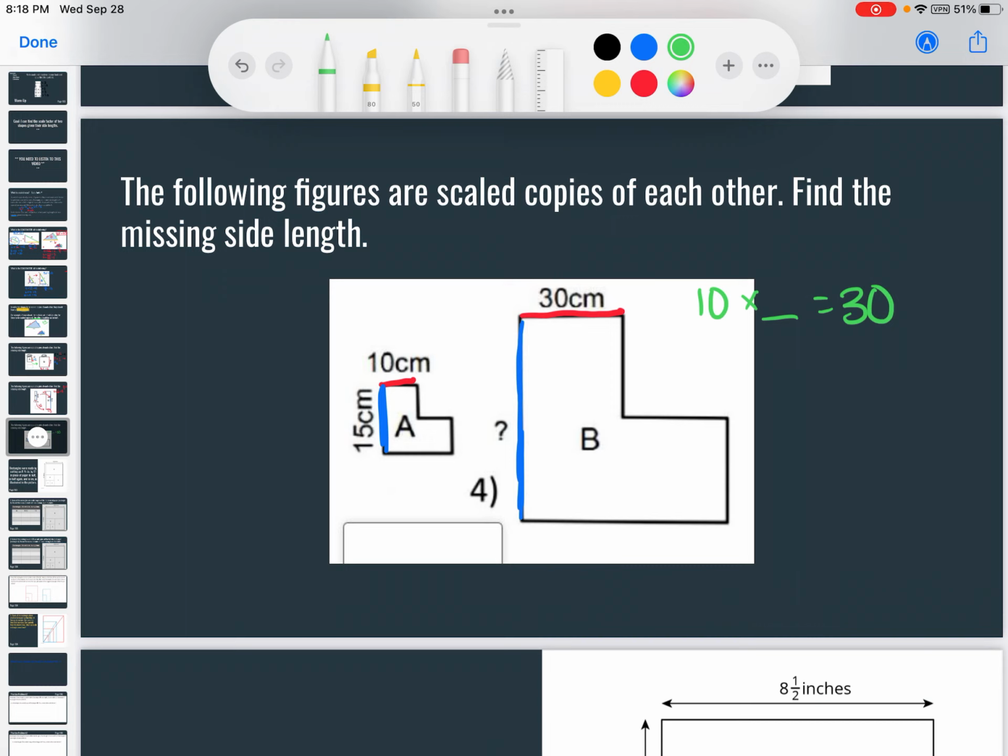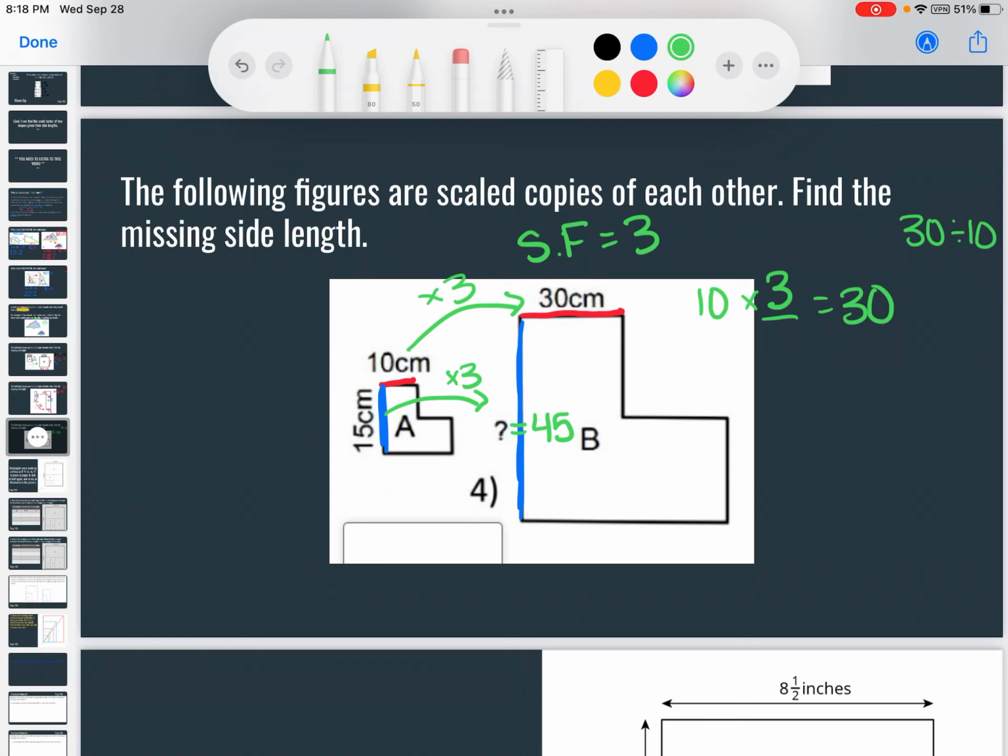Hopefully, again, that's an easy one. If not, you can do 30 divided by 10, which is 3. So my scale factor here is 3. So 10 times 3 equals 30. So I need to do 15 times 3 to get my missing side, which gives us 45.